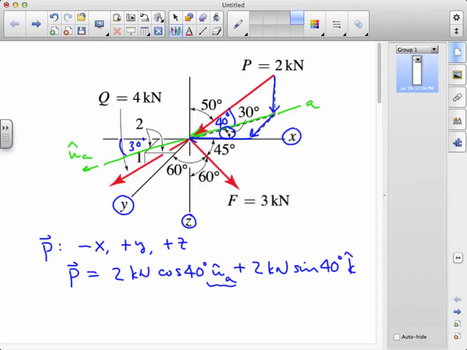So here we can see that uA makes a 30-degree angle with the minus x-axis, and so we can say that uA is minus cosine of 30 degrees in I, and then plus sine of 30 degrees in J.